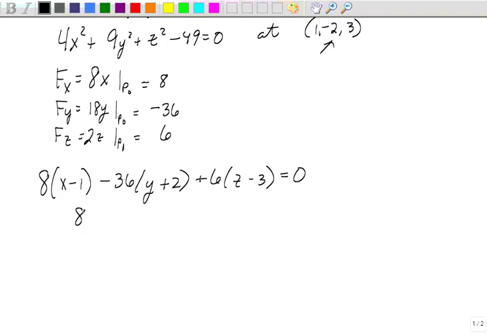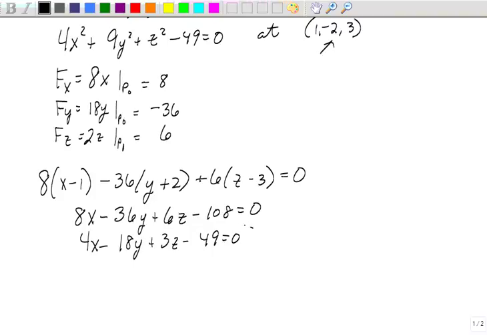And that's going to turn out to be 8x minus 36y plus 6z minus 108. And we divide everything by 2 to simplify it. That's the equation of the tangent plane.